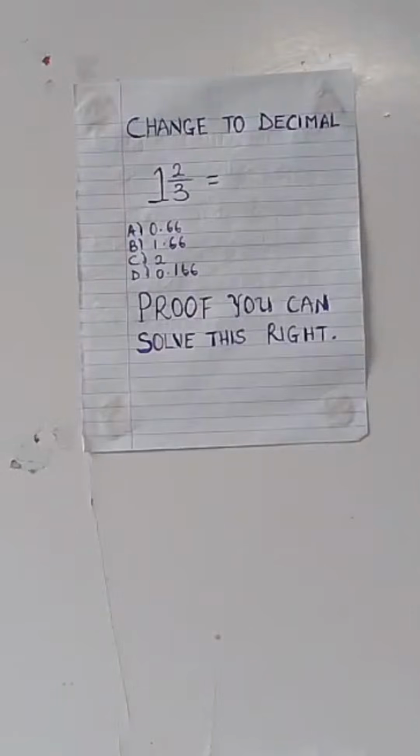Change to decimal: 1 whole number, 2 all over 3 is equal to what? Option A is 0.66, B is 1.66, C is 2, D is 0.166. Which is the correct answer to this question?